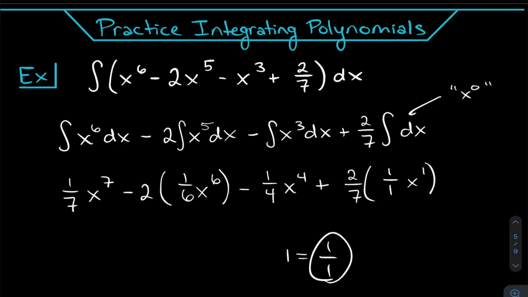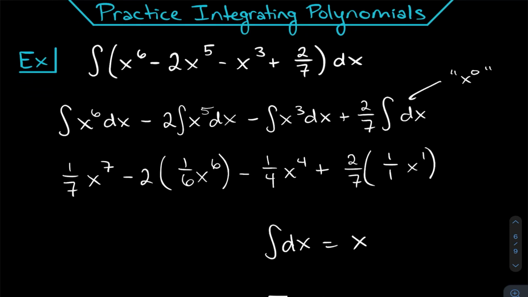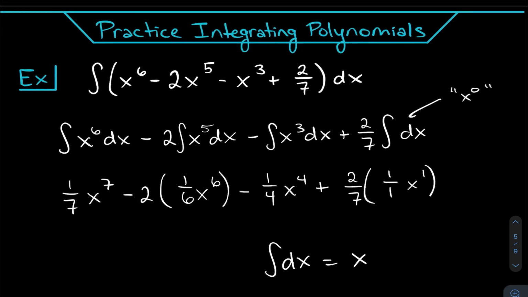So that's why I've got a 1 over 1 here. And here you should be able to see the integral of dx just ends up being x. That's just something you should know for future reference. I just figured I would do it all out with you right now.